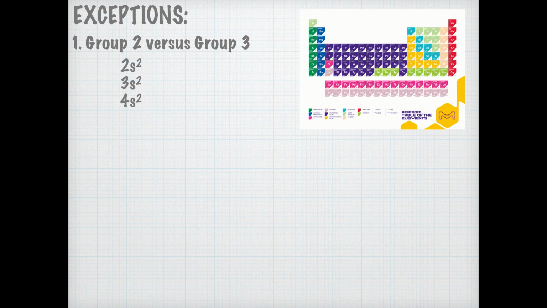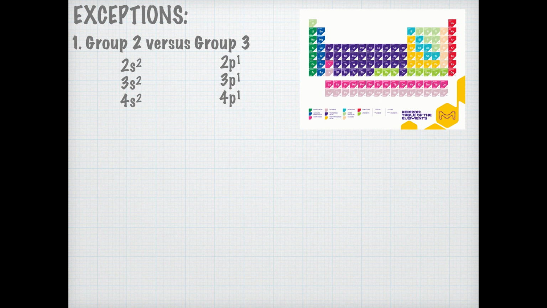Keep in mind, when we are removing an electron from beryllium, we would be removing that 2s electron. So it's 2s2, and we would be removing one of those electrons for it to become 2s1. Or if we were removing the magnesium electron, it would go from 3s2 to 3s1. So we're removing an electron from 3s. Same thing for calcium. Now for group 3, we would be removing it from the p sublevel.